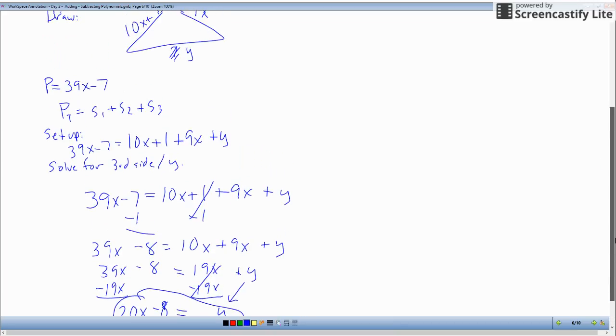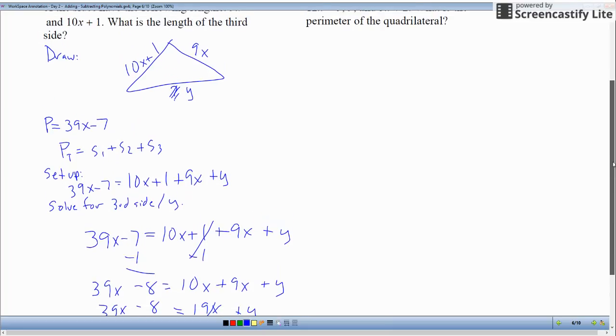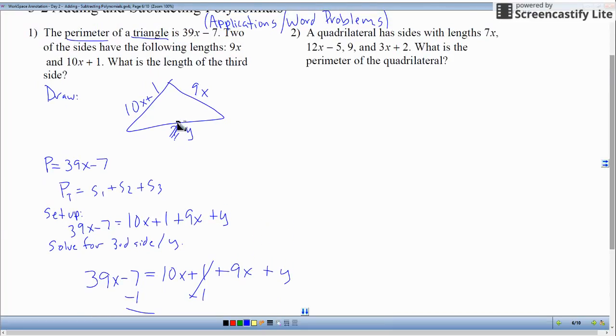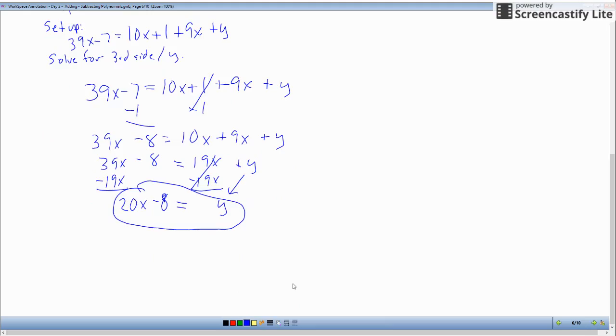Let's go back here a little bit. Y was the third side here, and that's what we're after. So we answer the question. We say the third side is 20x minus 8.